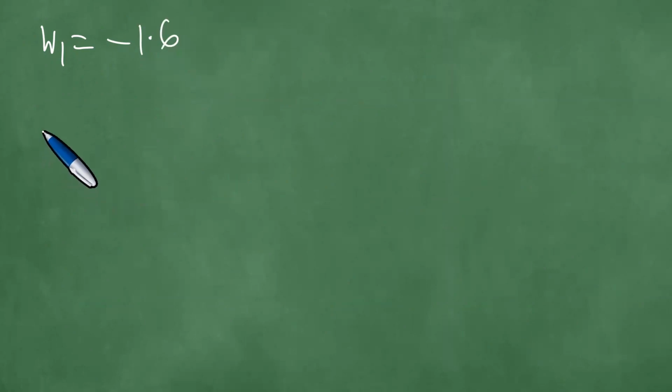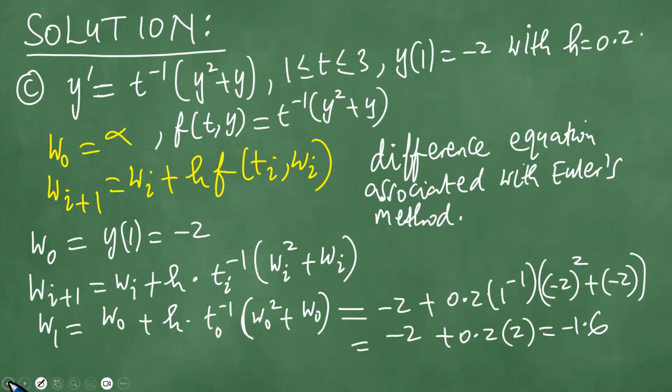All right. If W1 is minus 1.6, we must compute so many. And then I must do W2 according to this formula. So just going to write the formula here.